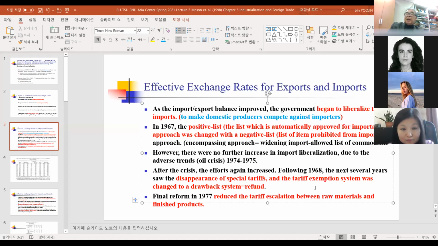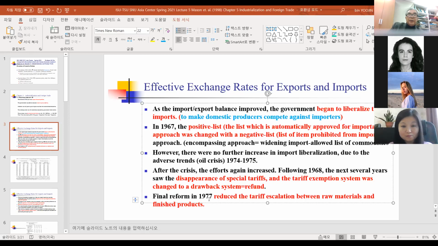But there was a lot of cheating and a lot of things could go wrong with this system. So what they did is a drawback system. That means, okay, you pay tariff. Even if you are an exporter, you pay tariff first, and then we will refund your tariff because you are exporting. So this kind of indirect system change is a very important lesson for many developing nations.